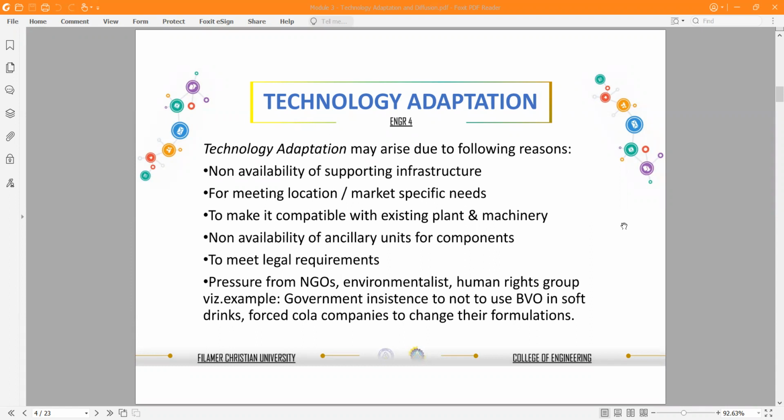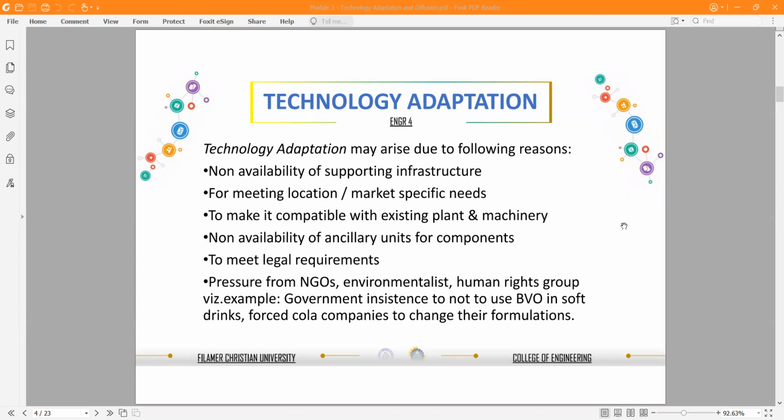And the next one is to meet legal requirements. So of course, you have some legal documents that are needed when you adapt, no, a certain technology. And pressure from NGOs, non-government organizations, environmentalists, of course, human rights groups, for example, government insistence not to use BVO in soft drinks.